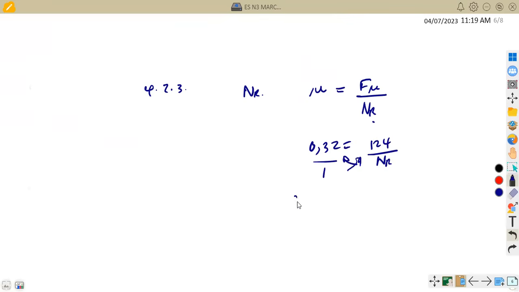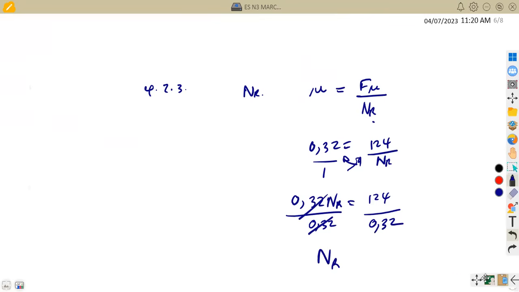This side is going to be 0.32 times NR, which is 124. Divide both sides by 0.32. We have our normal reaction, which is going to be 387.5, like that. All right. So that's your normal reaction in this case.